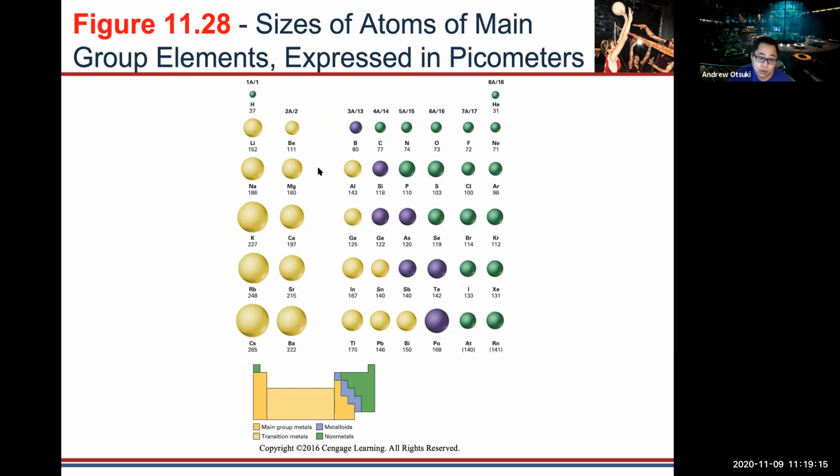And as we go down the column, they tend to increase because we're adding a new principal energy level that's further away from the nucleus. Okay, so those are the trends of the atomic size. So just remember left to right, decrease, top to bottom, increase.